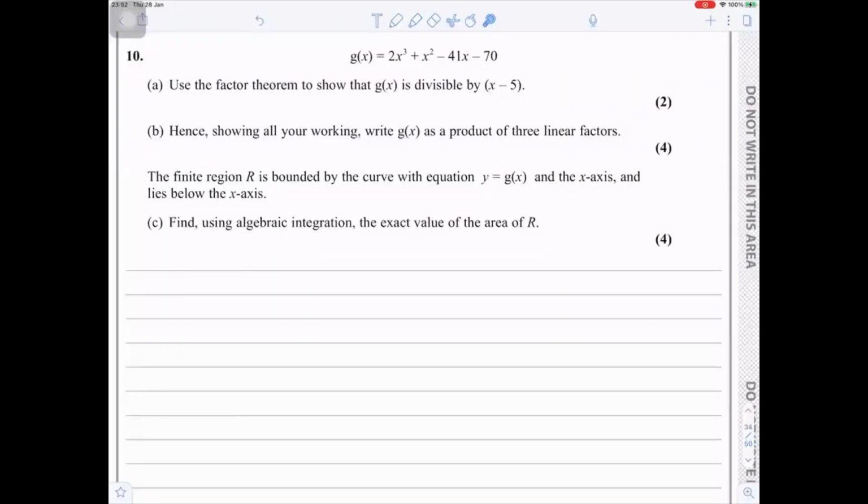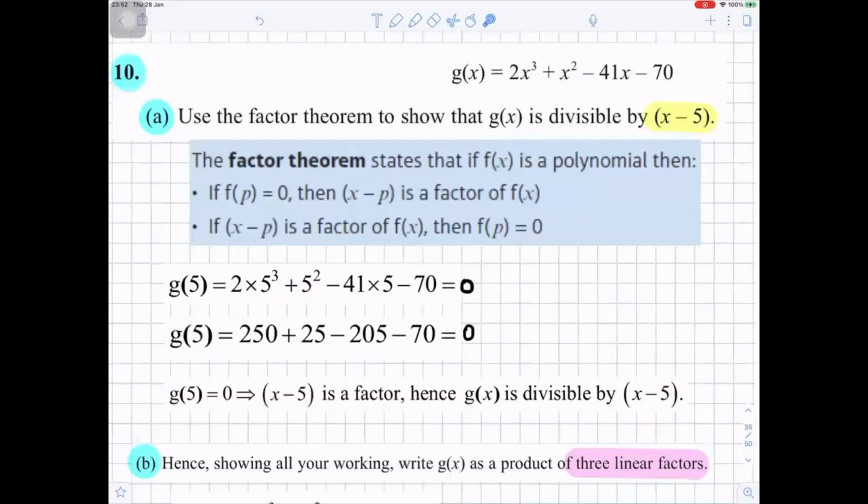Question number 10. Use the factor theorem to show that g of x is divisible by x minus 5. This is the factor theorem at the top there. It says if f of p equals 0, then x minus p is a factor. So we have x minus 5, which means x equals 5.